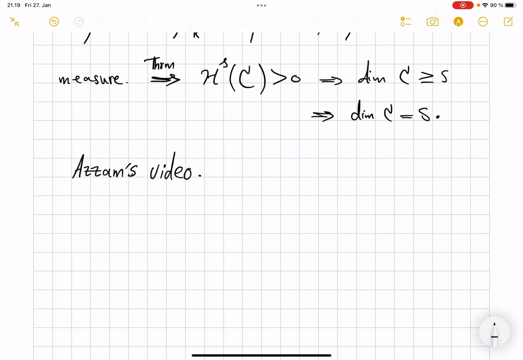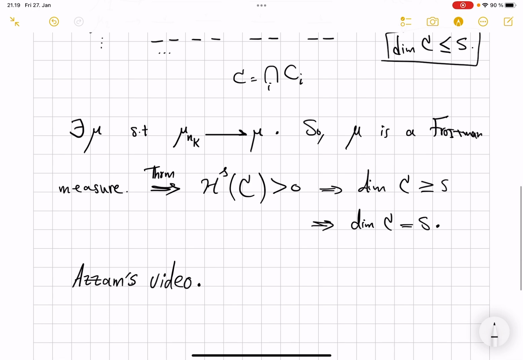Also, he has other videos where he talks about the notion of weak convergence of measures in more detail. So I don't want to overdo it, as his videos are also clear and beautifully explained. So this is our second application of Frostman's lemma.